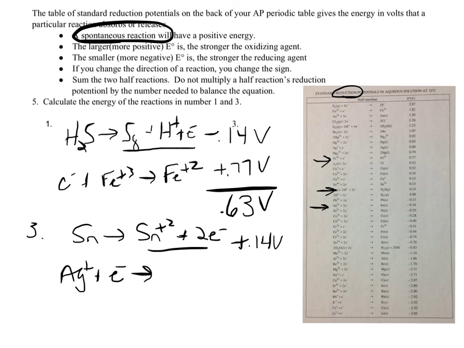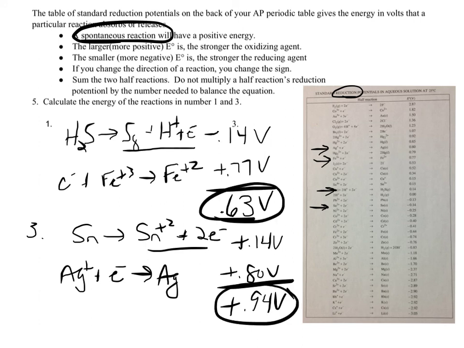And again, you have these already written up top, so if you don't want to rewrite them here, you can just draw an arrow up to where you have them in the top part of your worksheet. So to find silver, silver going from its ion to its elemental form is positive 0.80 volts, and when you add that together, you get positive 0.94 volts. So again, both of these, because they're positive, are spontaneous reactions.